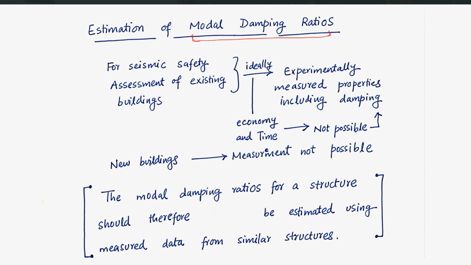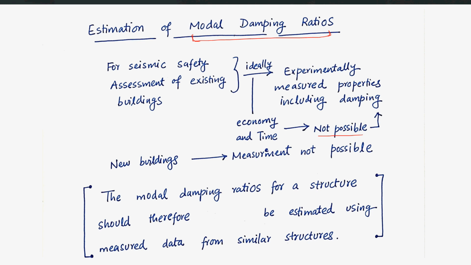That should also include damping. But for economy and time, sometimes it is not possible to actually measure the damping properties of the structure experimentally. For new buildings, the measurement is also not possible.